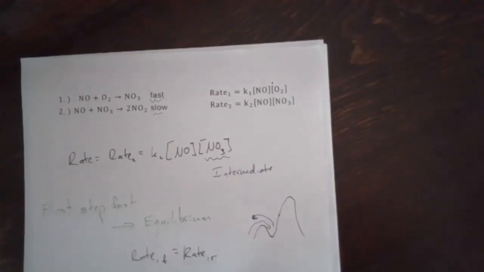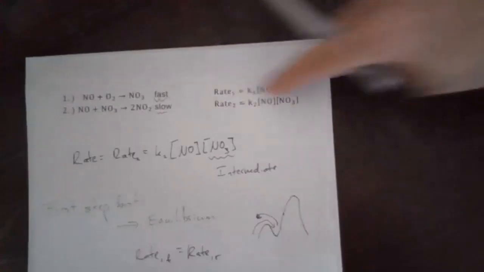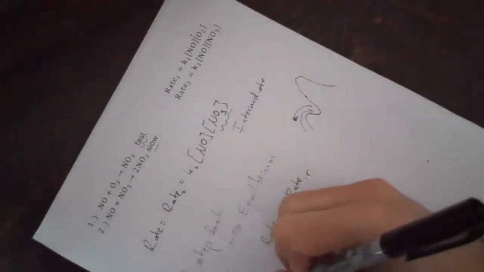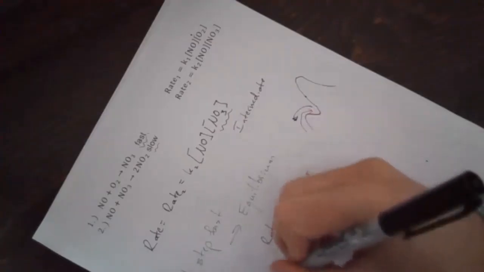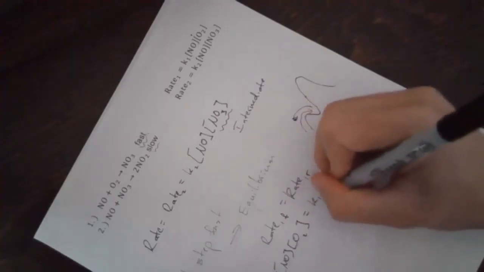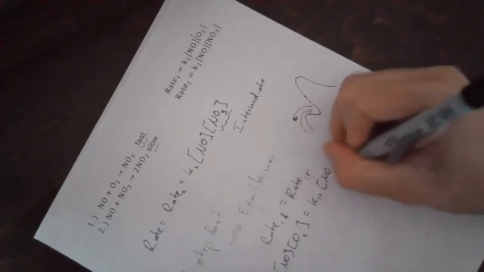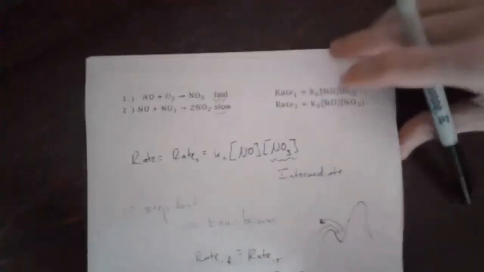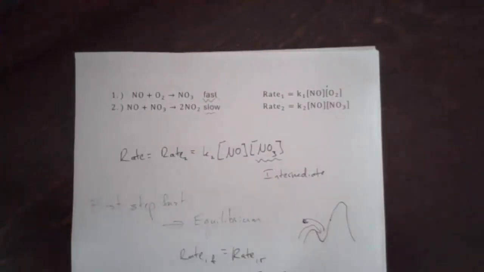So we can define our forward and reverse. This is the rate law for the first forward reaction, with F for forward. Rate 1 reverse is equal to k1 reverse times the concentration of NO3. If the forward reaction is elementary, the backwards reaction also has to be elementary, so we can come up with that rate law.